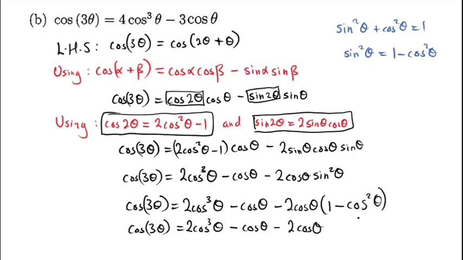Then the cos and the cos squared will give us a positive 2 cos cubed theta. And in the final step, it's just a matter of grouping like terms. In this case, the like terms we have are the cos cubed terms: 2 cos cubed plus 2 cos cubed will be 4 cos cubed. Then the two negatives are also like terms. If we put them together, we'll get 3 cos theta. So there we have it.